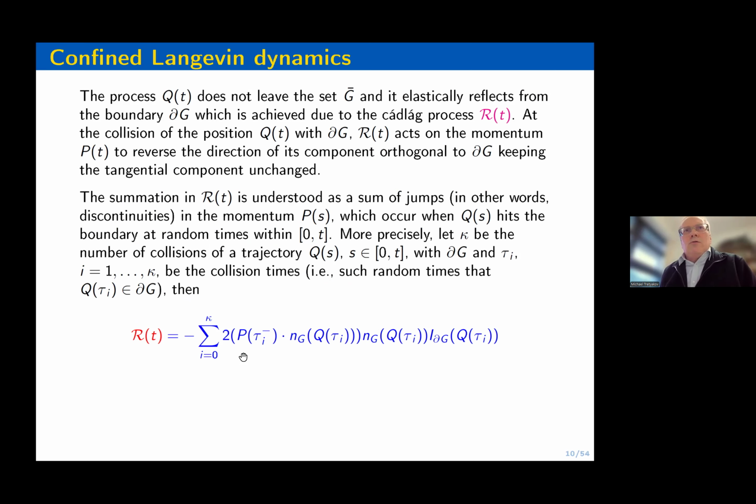Elastic collision we can also visualize: say we play billiards, and if it's ideal billiards, then we hit the ball over the edge of the billiard table, it comes at an angle, say alpha, and it goes back at the same but opposite alpha from the wall, and no energy is lost when the collision happens. So on this slide, effectively, this second sentence explains what happens: the term acts on the momentum to reverse the direction of the orthogonal component, keeping the tangential component unchanged.